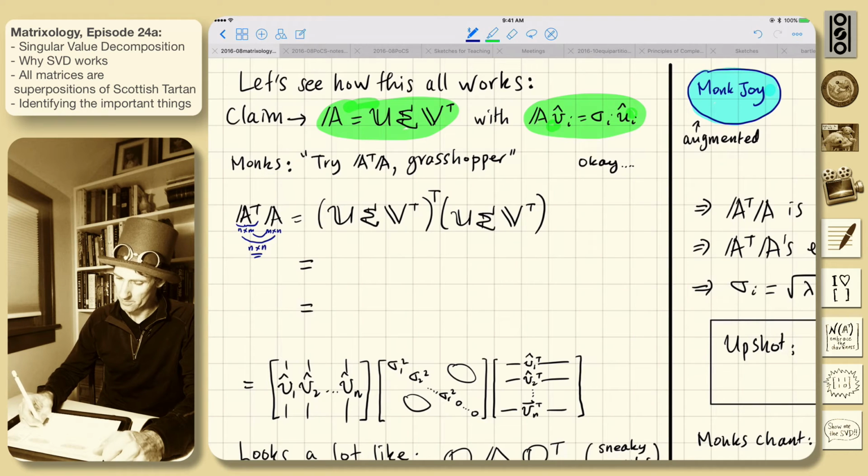So the key thing here is that we know A transpose A transpose equals A transpose A, right? For any A. Doesn't matter what shape it is.